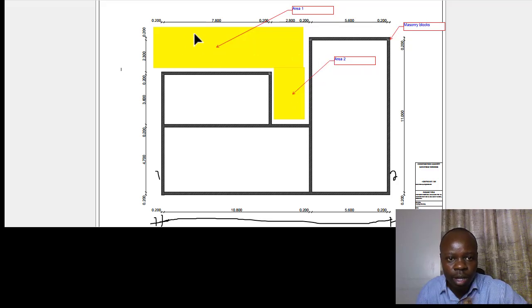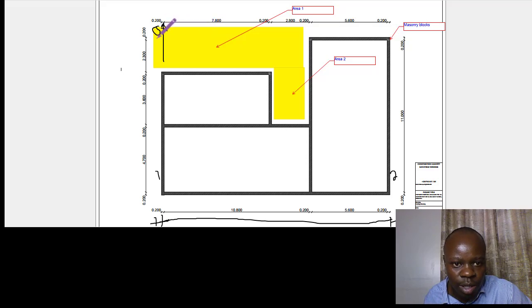For the length, you can see we have a total of 0.2 is to the extension, and that is from the first part. We have here 0.2, and then the wall is here, 200.